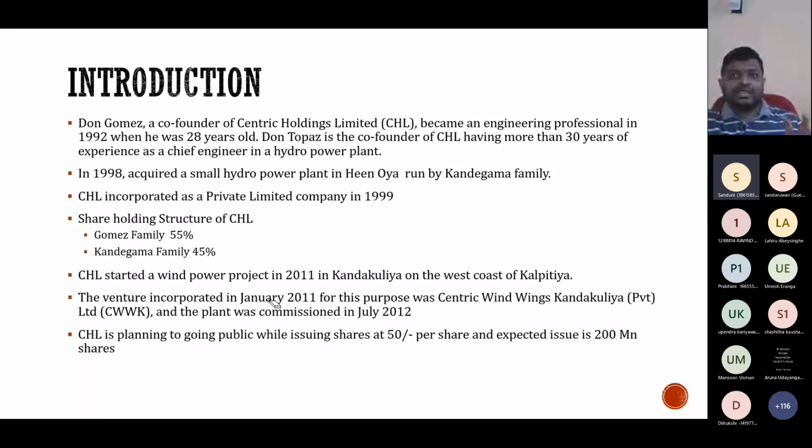Therefore, their industry segment is renewable energy. To get an understanding, you can get some insightful information about renewable energy from a power plant company called Valuable Power Ratna. You can refer to that annual report.